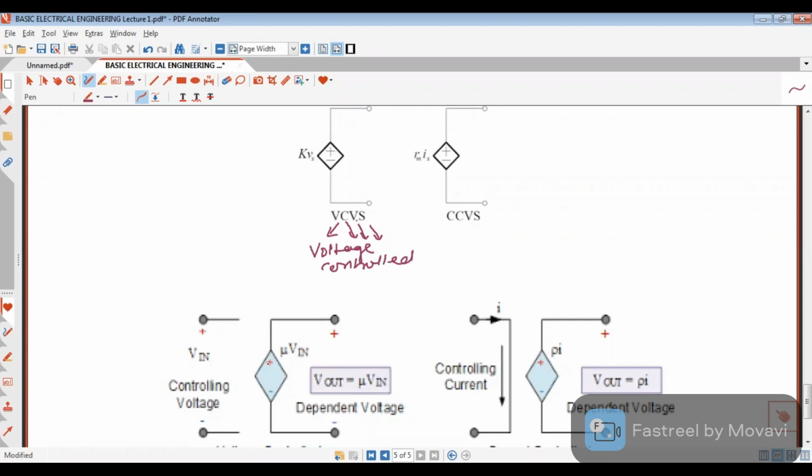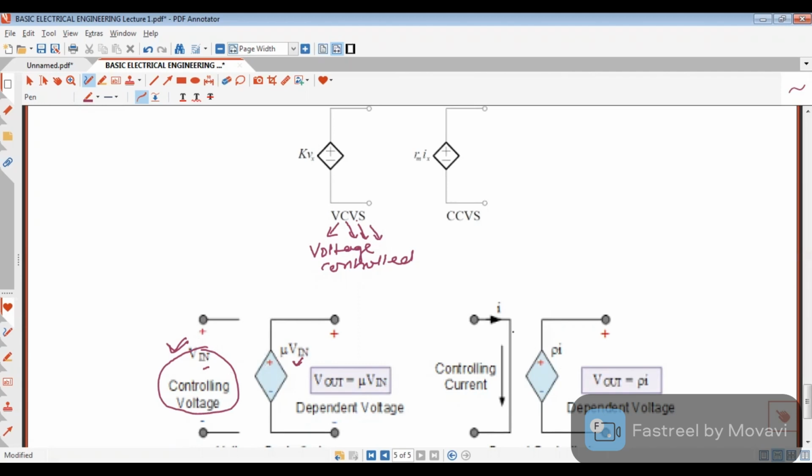If I see here, this is a voltage source, and this is a controlling voltage. VDN is the voltage from here to here. If I change this voltage here, the voltage will also change here. That is why this is called a voltage dependent voltage source, because its voltage depends on a voltage somewhere in the circuit.